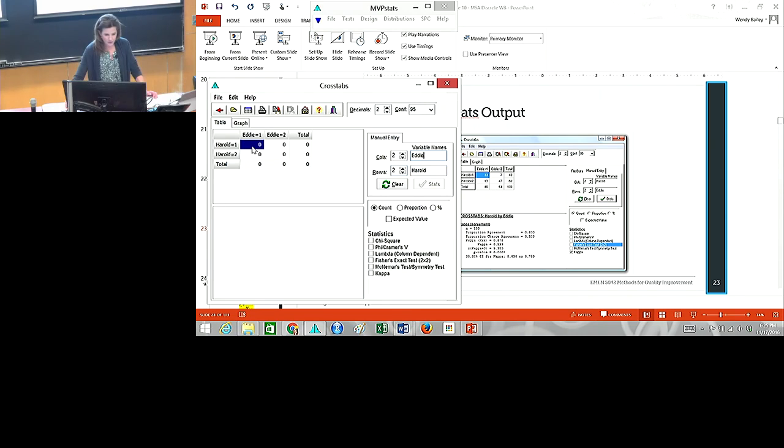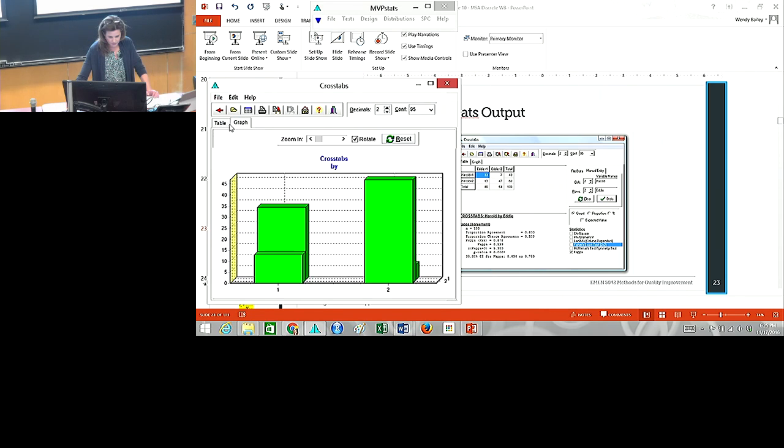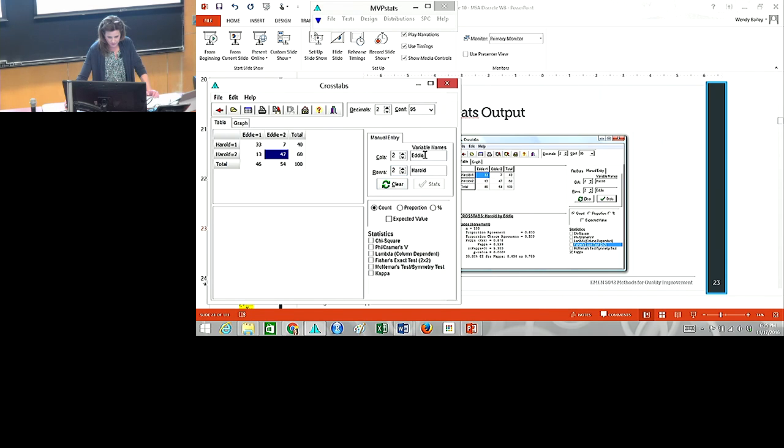And then all I have to do is just type in the information, 33, 7, 13, 47. Oh, I have to choose something down here and then it'll do the stats for me.